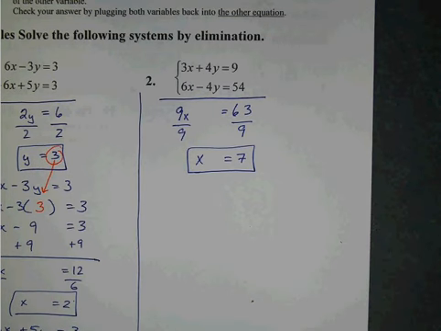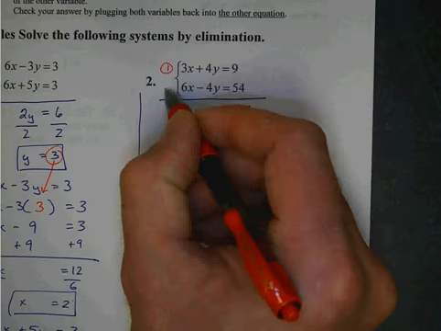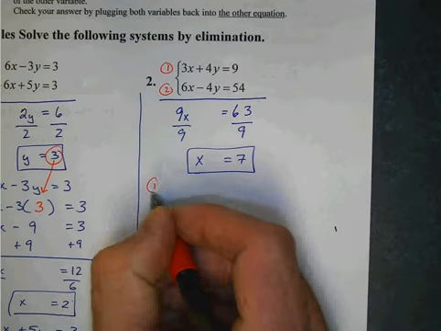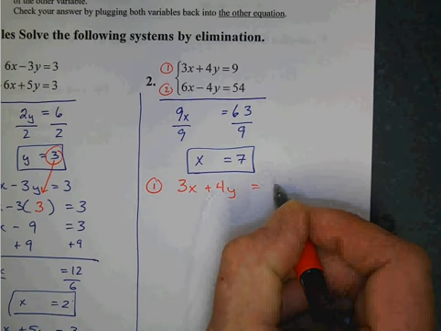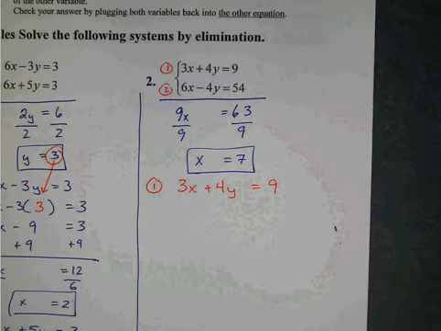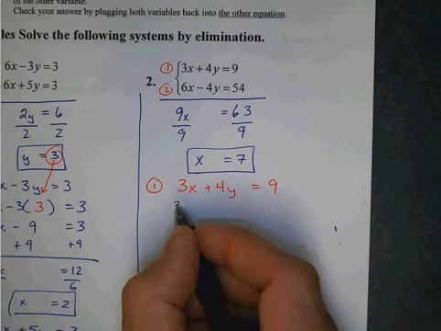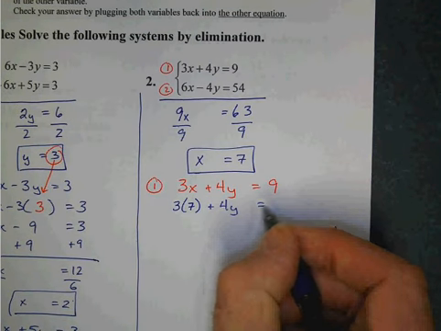All right, Brett, you choose. Do you want to use the first equation or the second equation? First one. Okay. So I'm going to write it down. Can you walk me through it, Brett? Do you feel comfortable doing that? Go ahead. You just plug in the 7 for x, so it's 3 times 7, and then plus 4y equals 9. Keep going. I'll try to write as fast as you talk.